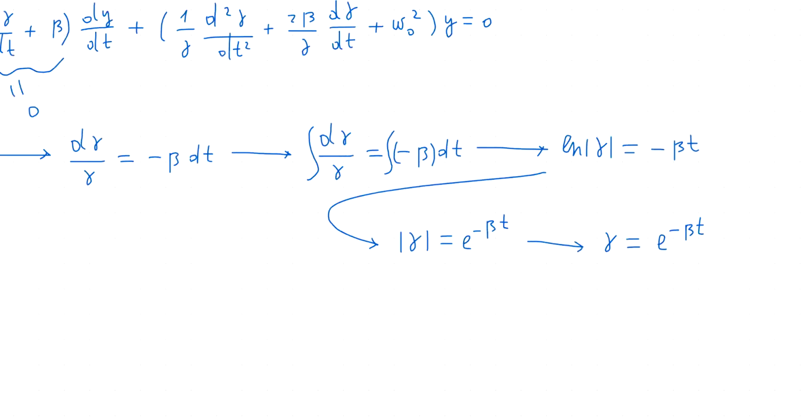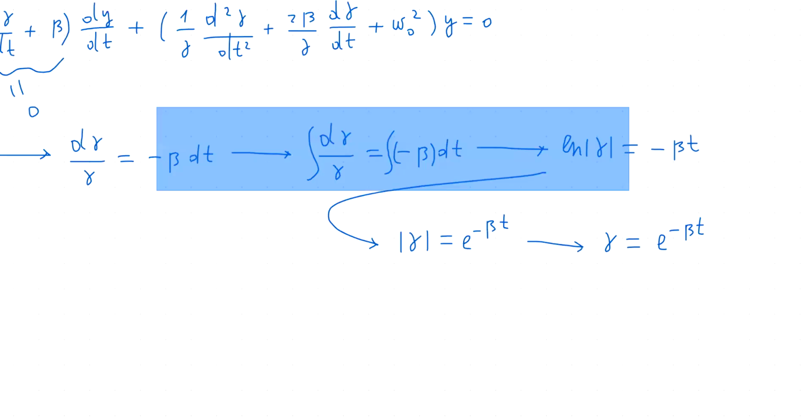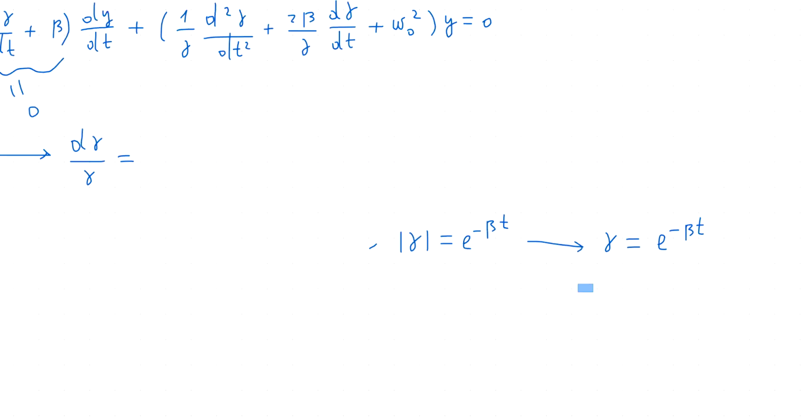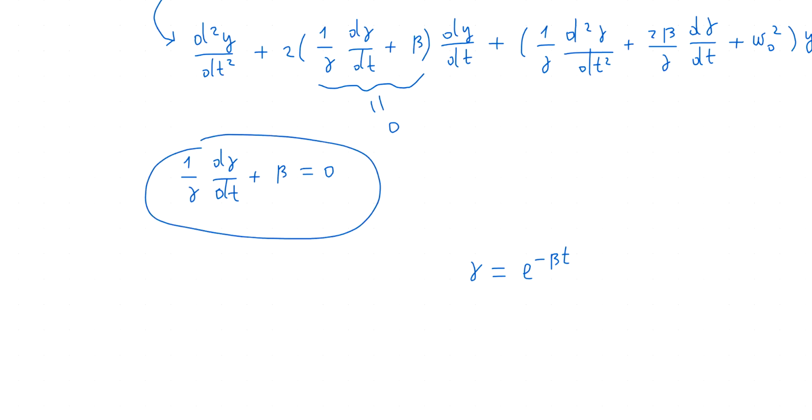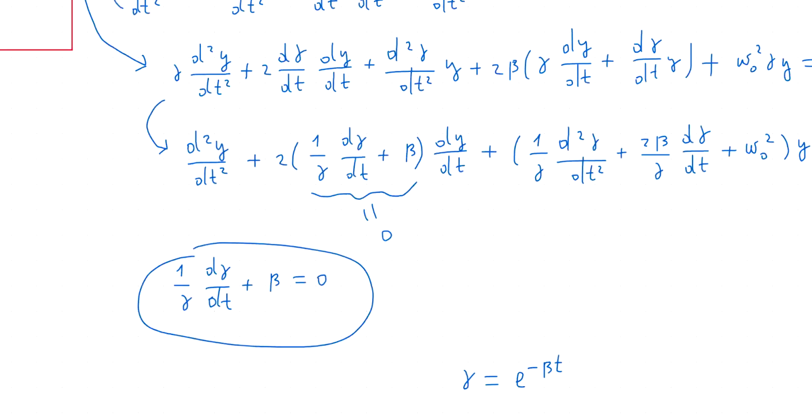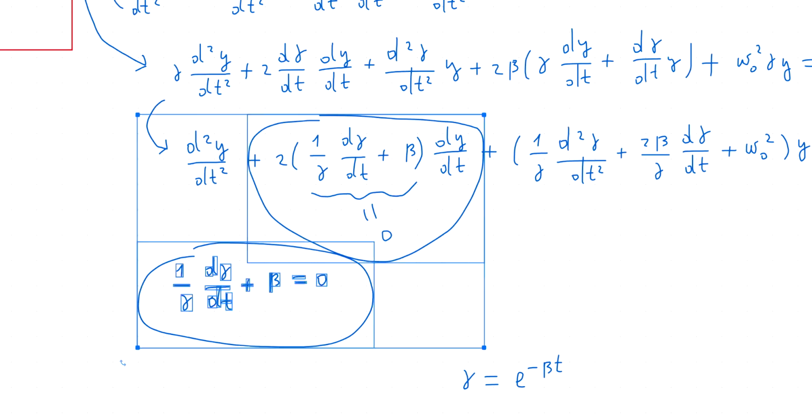I will remember that this gamma is a partial solution of this equation, which derives from the condition that this term is equal to 0.